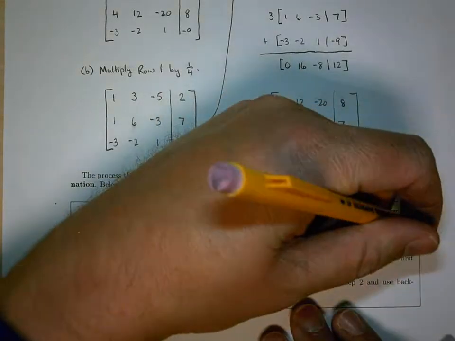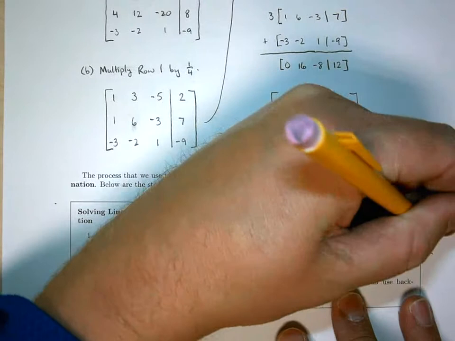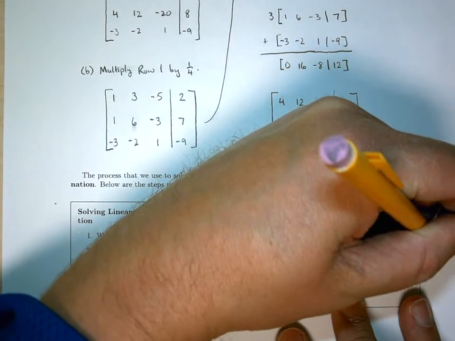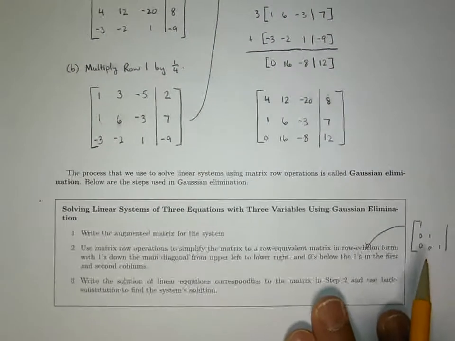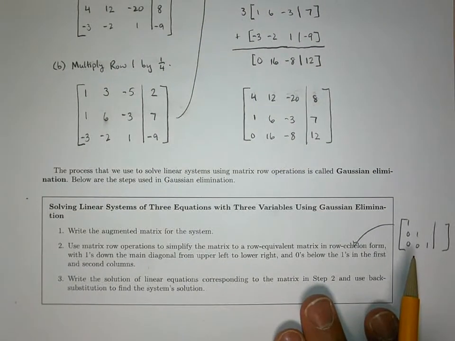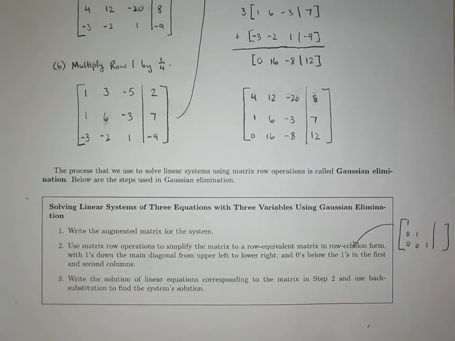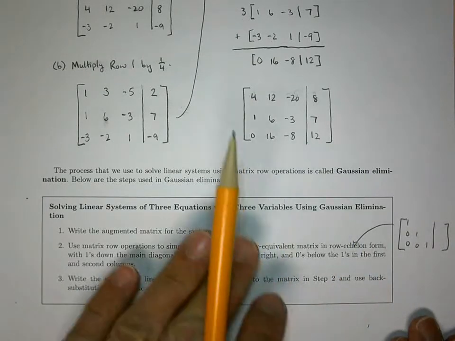Row echelon form looks like this, where you have ones down the diagonal and zeros below the diagonal. Then we write the solution that we get in row 3, because this says z equals some number, and then we start back substituting into the other rows. So let's see some specific examples.